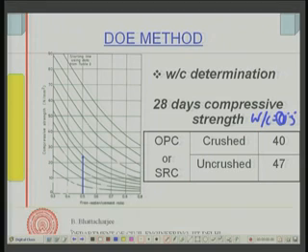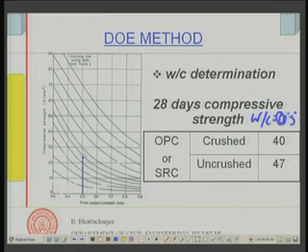So, in case I want to find out in my situation, what I would do is cast any workable mix with water cement ratio 0.5 and take that strength. For example, let us say my strength comes out to be something like 20, 25 or so, 24 or so.